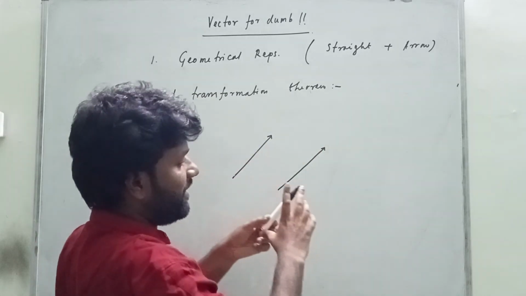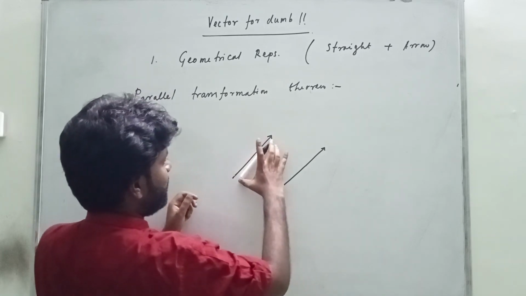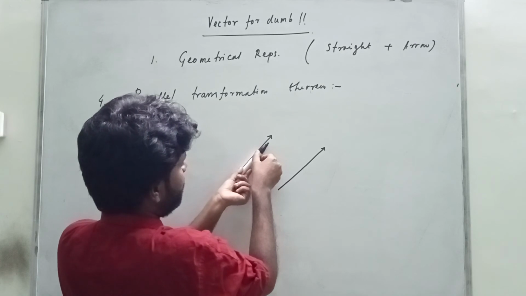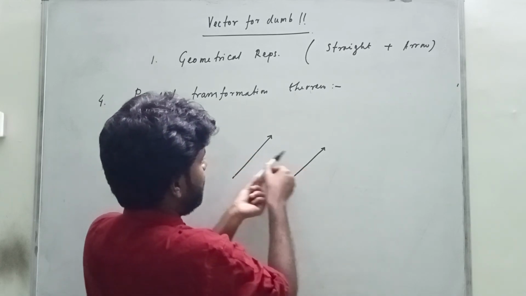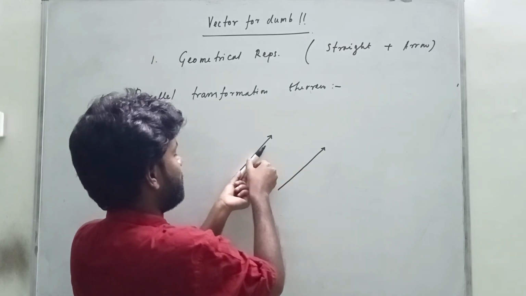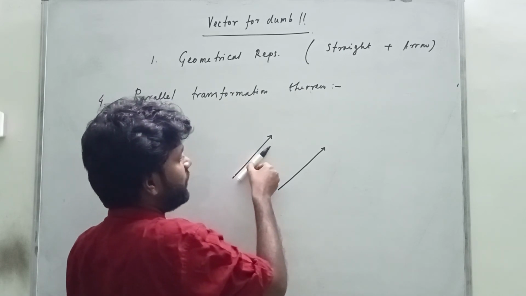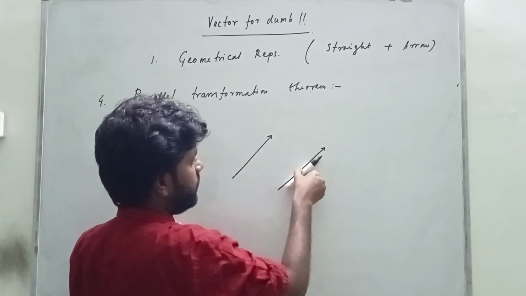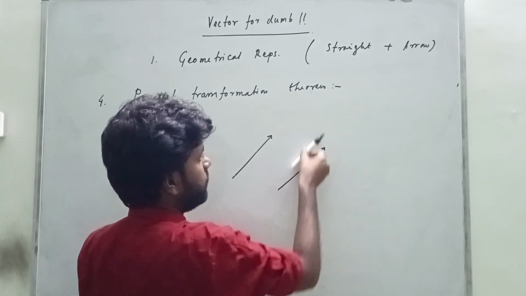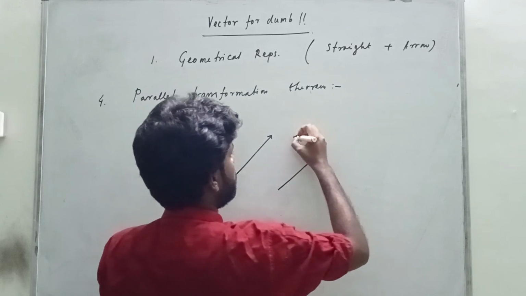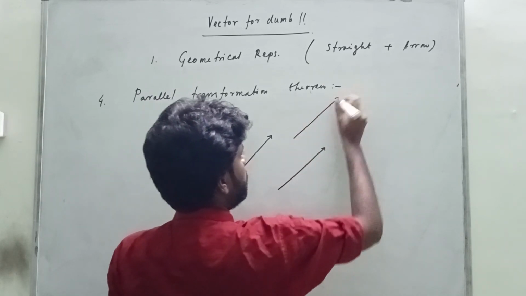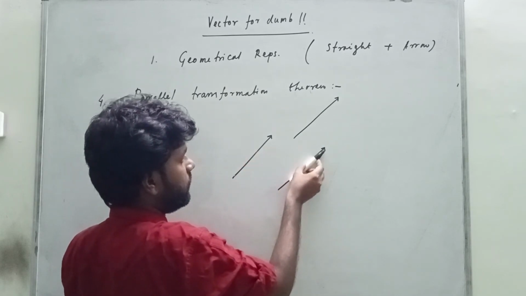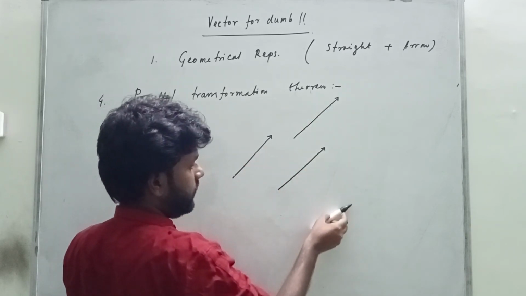That means the length of my pen will remain fixed, right? The magnitude of the vector remains the same, and the direction will remain the same because I just shift it parallel to itself, from here to there.